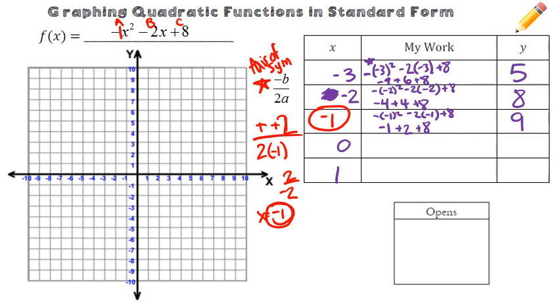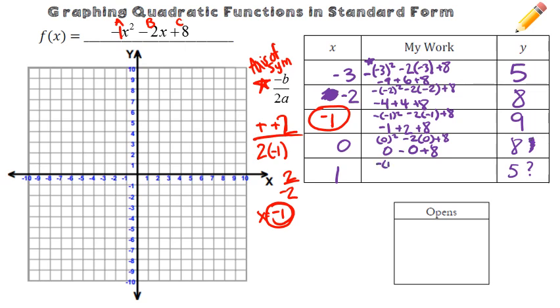Now, if this truly is the axis of symmetry, I'm going to make a guess here and say 8 and 5. Let's see what happens. If I plug in a 0, the nice thing about zeros is signs don't matter. Because 0 is not positive or negative, so we'll just leave it as 0 minus 0 plus 8. So I know I'm right. 1.